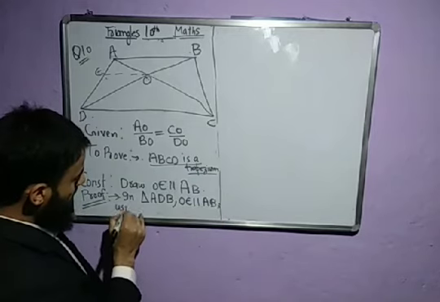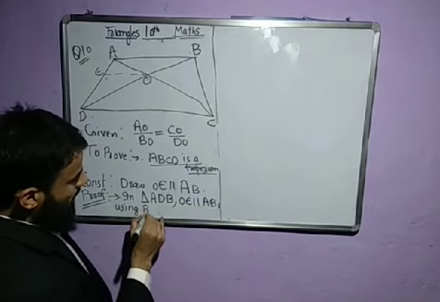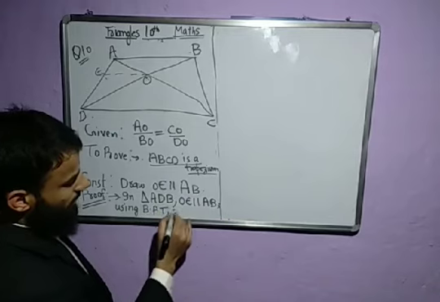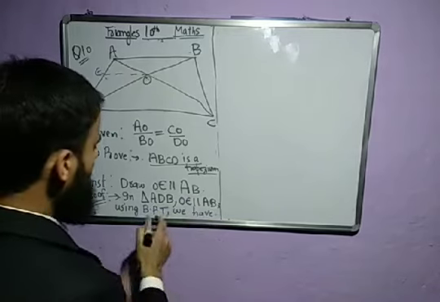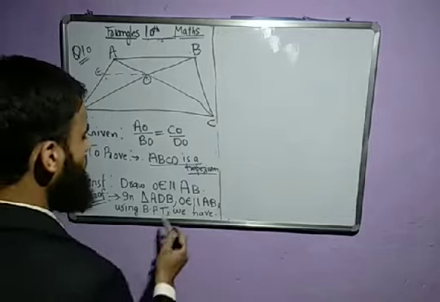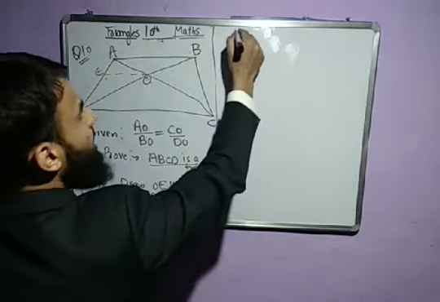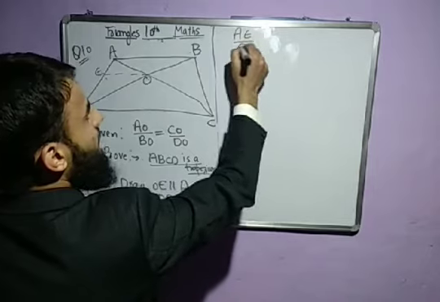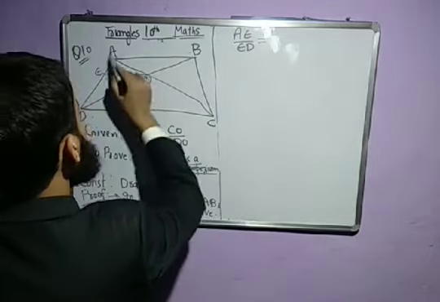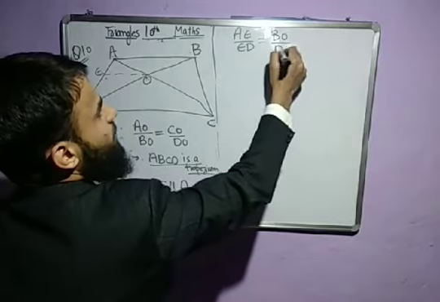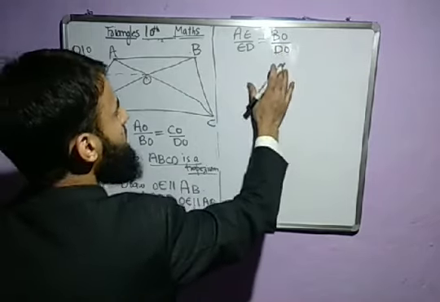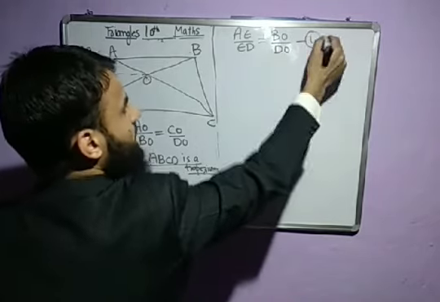Therefore, using basic proportionality theorem, we have AE divided by ED is equal to BO divided by DO. Let us keep this as equation number 1.